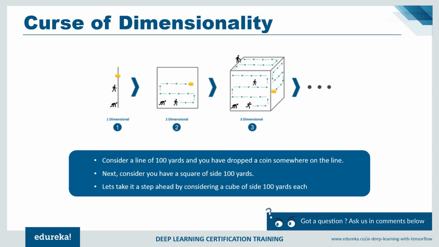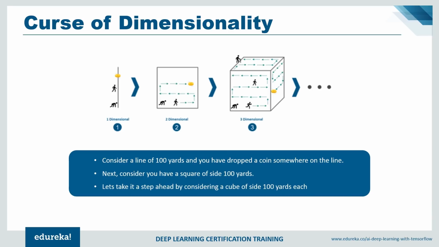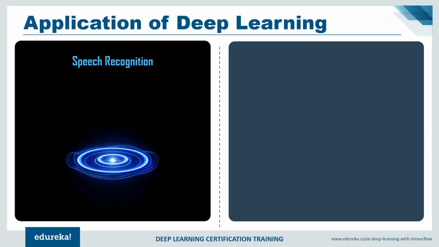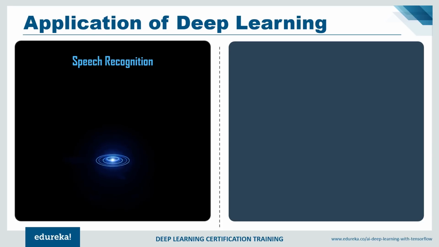Now deep learning is capable of handling high-dimensional data and is also efficient in focusing on the right features on its own, which is the process of feature extraction. Before we understand how exactly deep learning works, let's have a look at the applications of deep learning. The first application of deep learning is speech recognition. Now all of you might have heard about Siri, Cortana, or the Google Assistant. Apple has also started investing in deep learning like the other big giants to make its services better than ever.